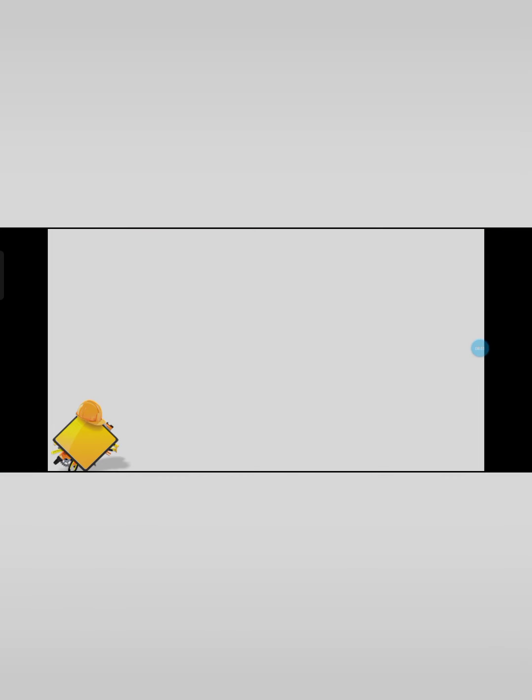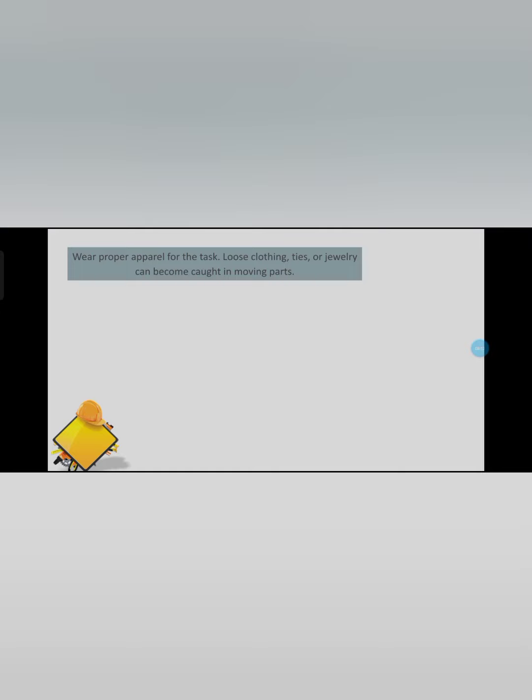Okay, so last precautions, of course, wear your proper apparel for the task. So, loose clothing, ties, or jewelry must be removed, guys. Okay? Dapat tanggalin nyo yung jewelry nyo, yung relo nyo sa kamay nyo. Tanggalin nyo yan when doing a task.